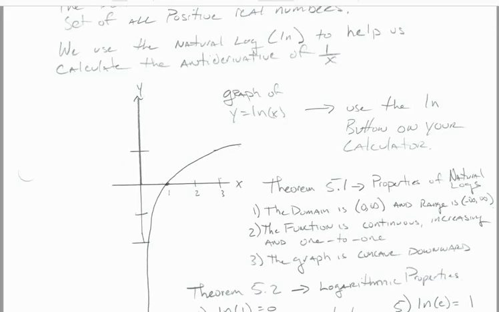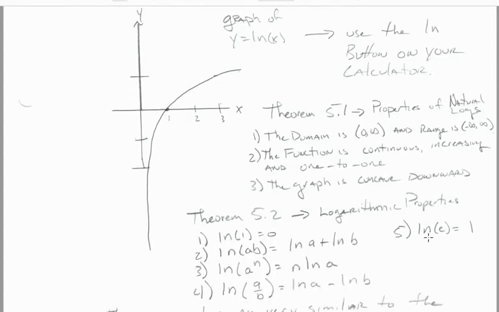So in this chapter, you're going to be using a lot of the ln button and the second ln button, which is the e to the x that we're going to get to when we do the exponential portion of this. So, Theorem 5.1, just properties of natural logs. The domain, you can see from the graph, is going to be 0 to infinity, or all positive real numbers, and its range goes from negative infinity.